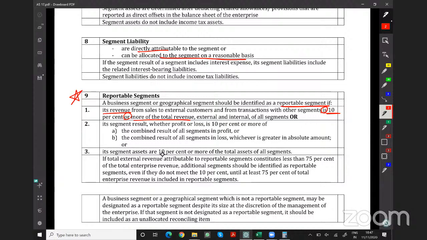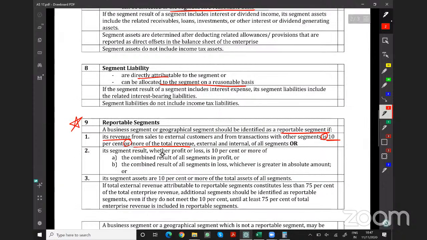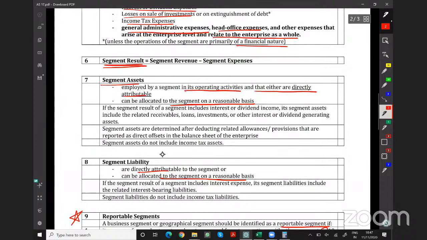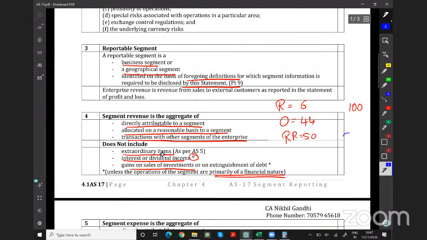So if we say the total revenue is 100 and Geo's revenue is 6 rupees, oil's revenue is 44 rupees, retail revenue is 50 rupees. So as per condition 1, this is 50%, this is 44%, this is 6%. So as per condition 1, this is a reportable segment, this is a reportable segment. This is not a reportable segment.